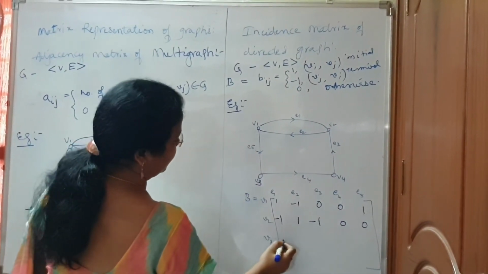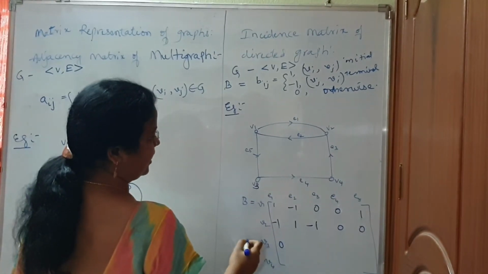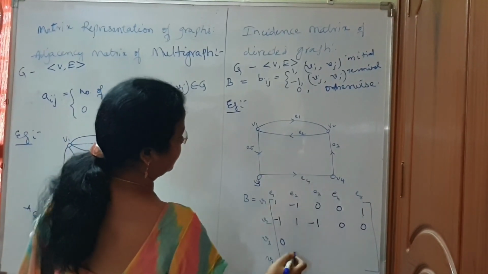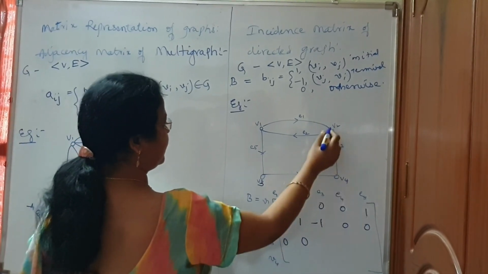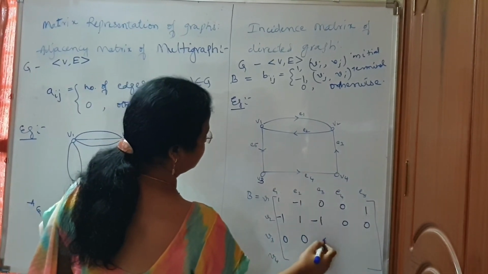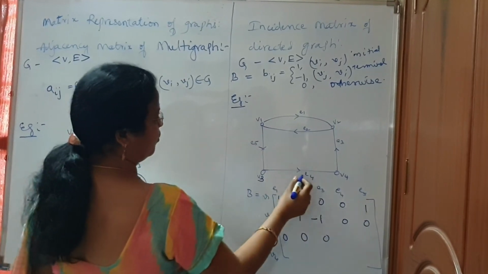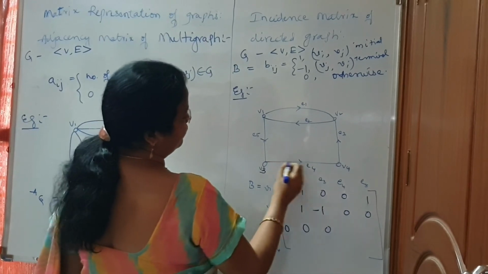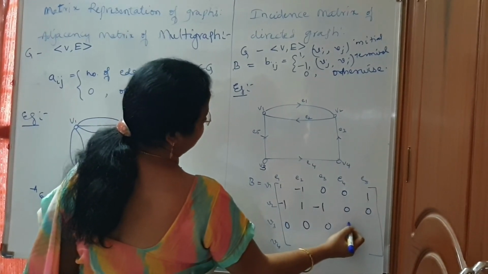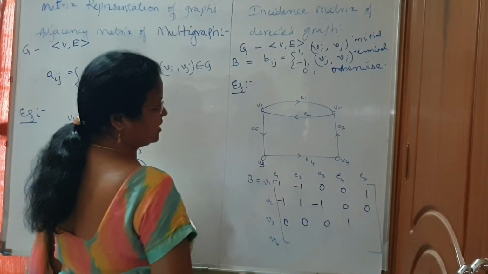E1, no connectivity, 0. V3 and E2, again there is no connection. Next E3 edge, V3 vertex, 0. Next E4 is an edge moving from V3 to V4. Therefore for this edge V3 is the initial vertex, 1.